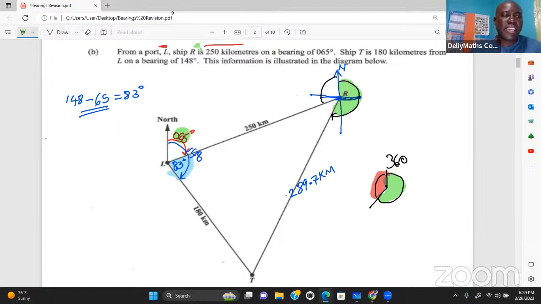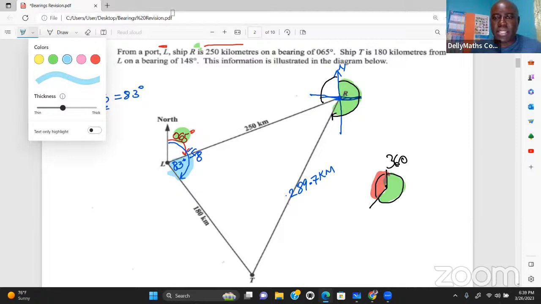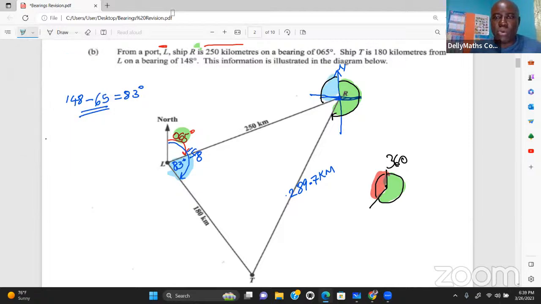So let me put a color here, which is different. I'm going to put this blue. I am able to tell the blue angle right now. So the blue angle will simply be 180 take away 65. So if I have 180 and I take out 65, this is 115.